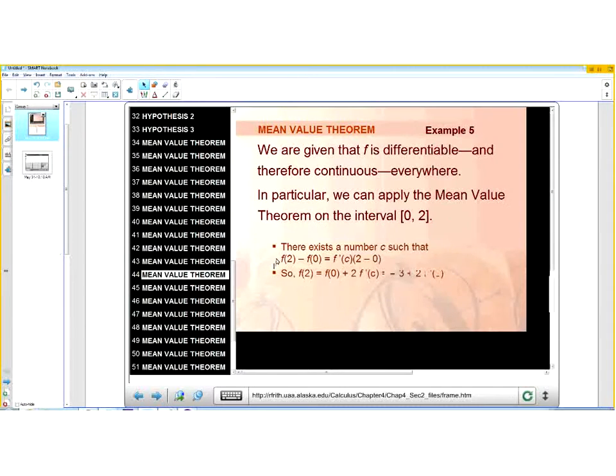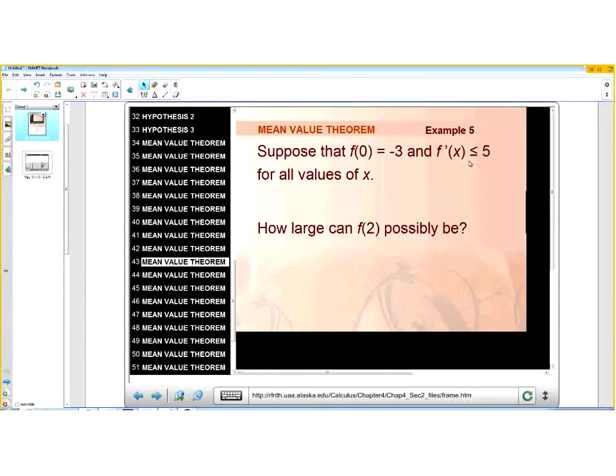The mean value theorem says that f of b minus f of a is equal to f prime of c times b minus a. So solving for f of 2, f of 2 must equal f of 0 plus 2 times f prime of c, which is -3 plus 2 times f prime of c. Now we know the largest value of f prime of c is 5 because we were given f prime of x is always less than or equal to 5.